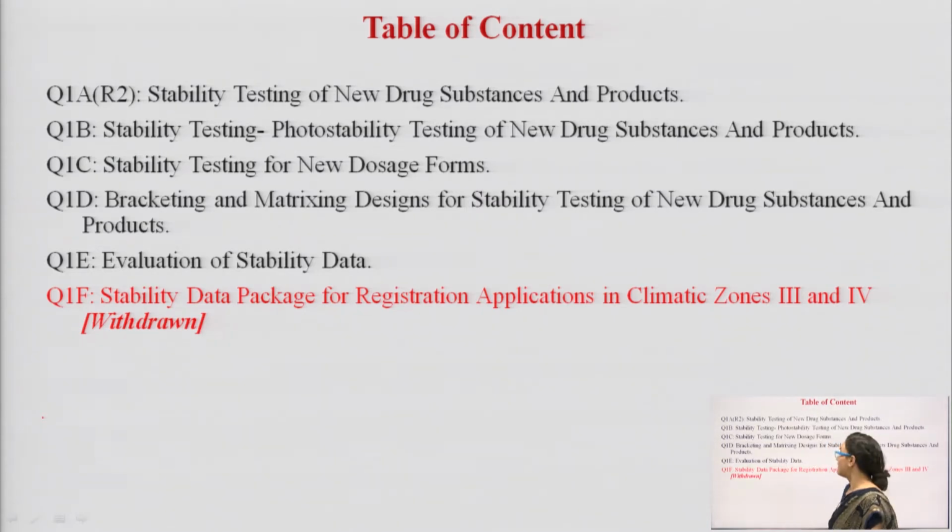Q1C guideline for stability testing of new dosage form. Q1D guideline for bracketing and matrixing design for stability testing of new drug substances and product. Q1E guideline for evaluation of stability data.